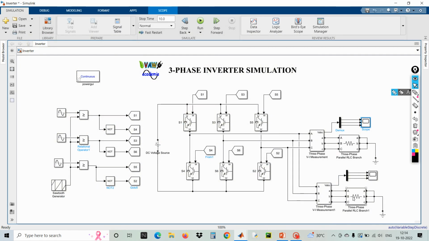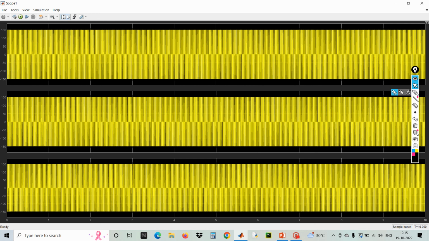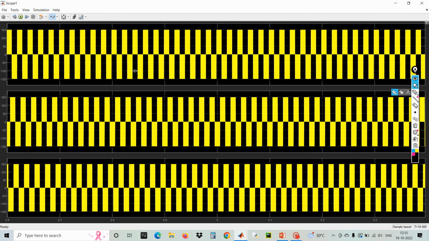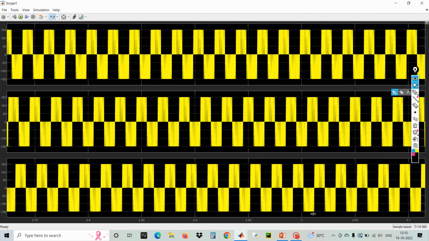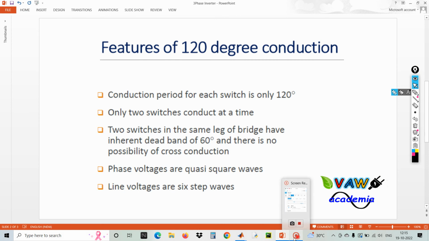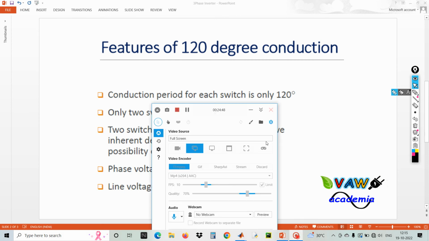Now if you want to see the line voltage, double click on this one. So your line voltages are 6-step waves.